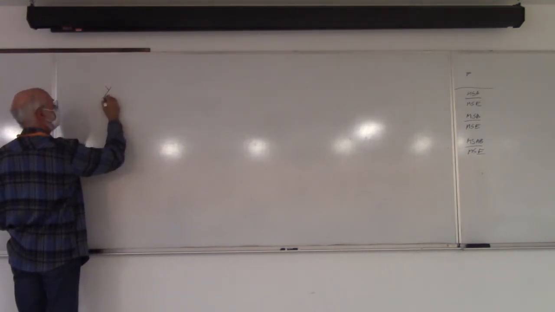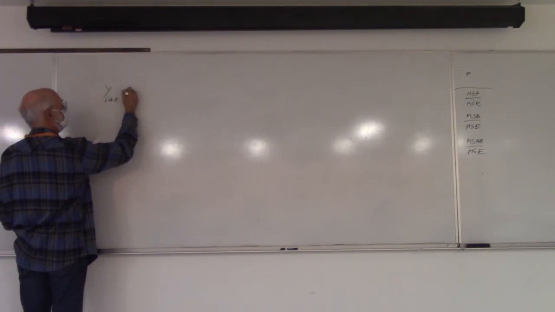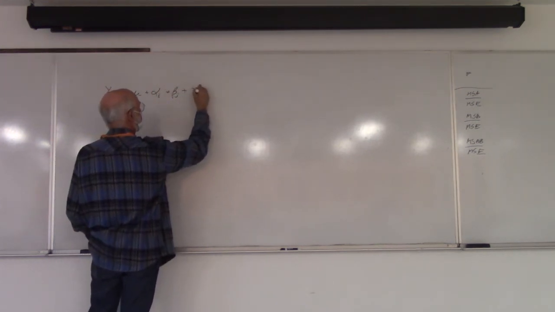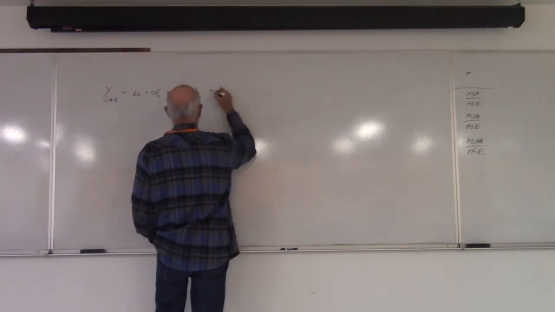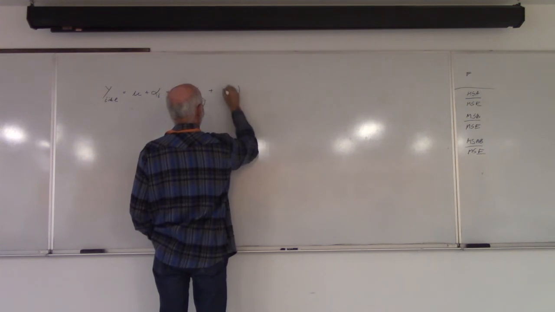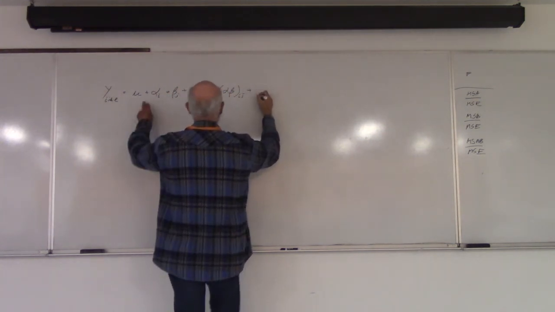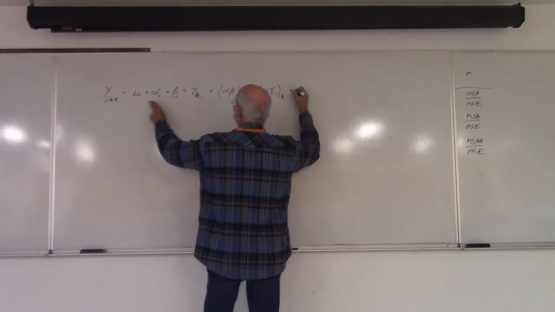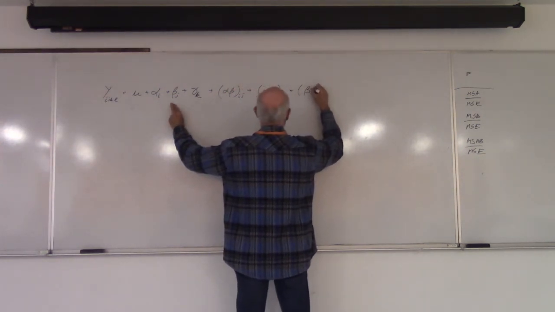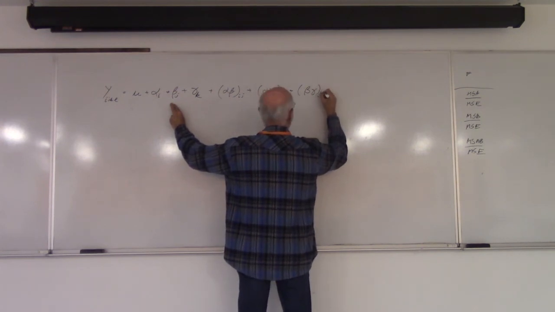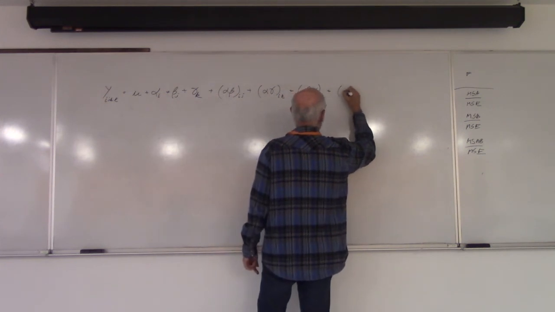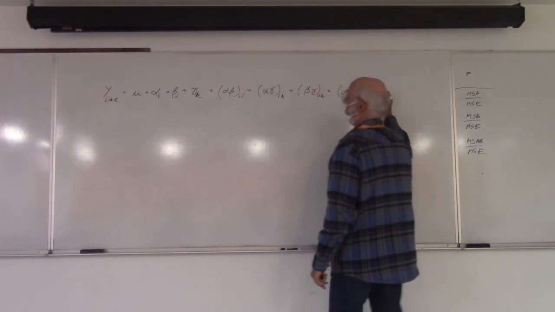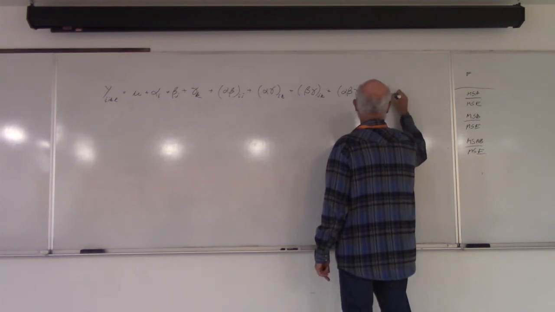Now we're going to have y i j k l equal to mu plus alpha i plus beta j plus gamma k plus alpha beta ij plus alpha gamma ik plus beta gamma jk plus alpha beta gamma ijk plus epsilon ijkl.